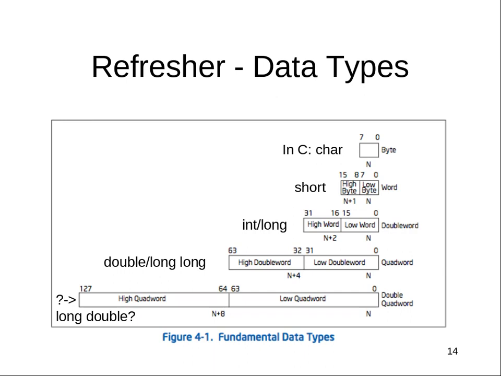And to make everything super confusing, a word in x86 is 16 bits, a word in LC64 is 32 bits. So the high and low are just the upper half and the lower half. And then the long double is the double quad word.